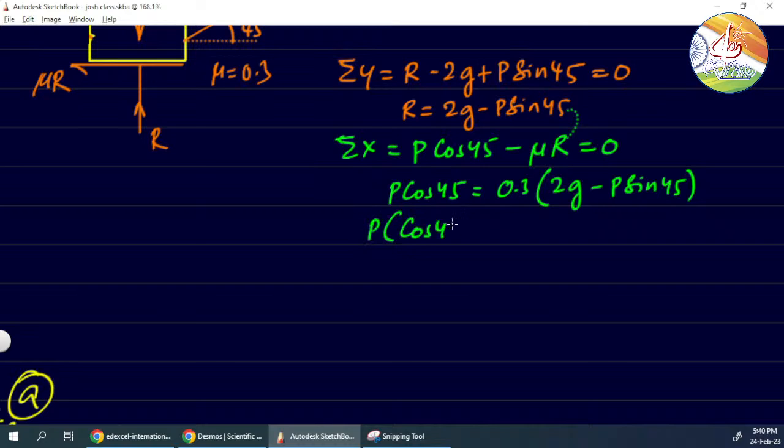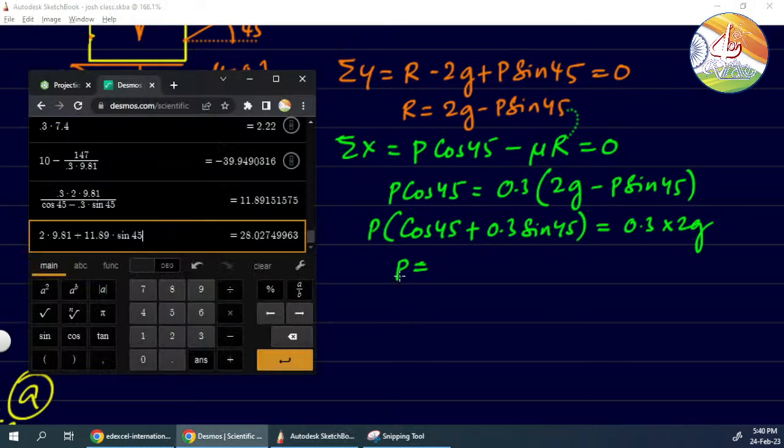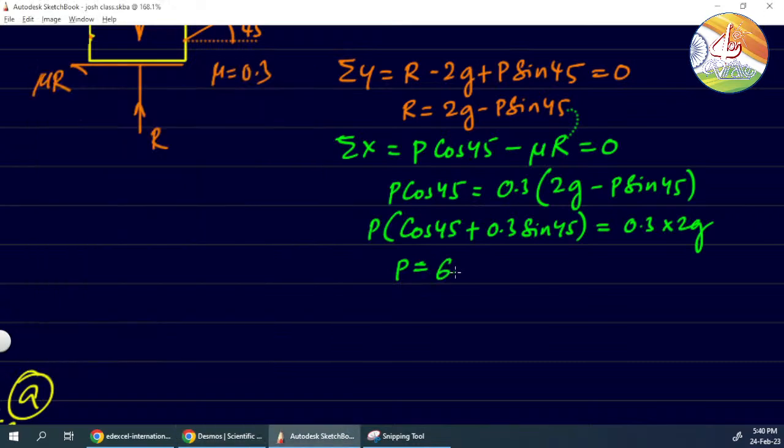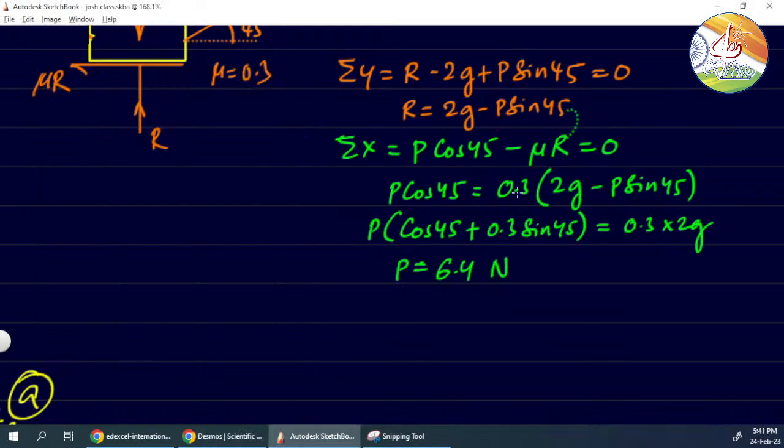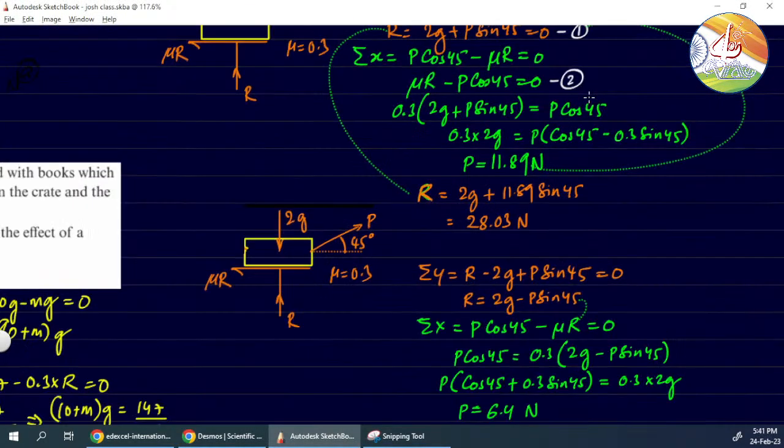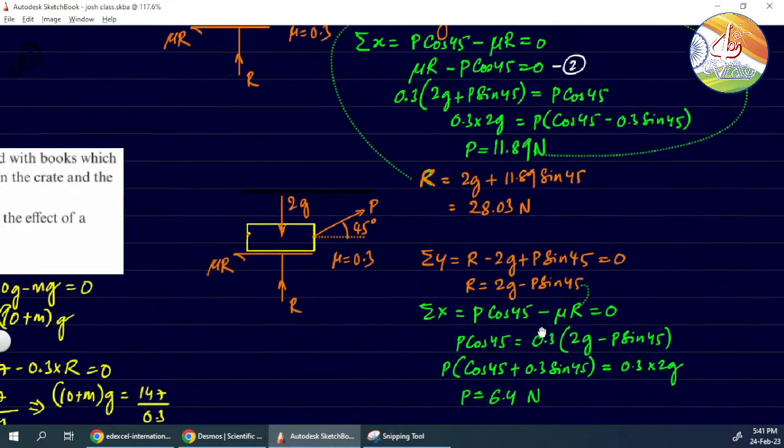We get cos 45, and this is minus, so it becomes plus 0.3 times sin 45, equals 0.3 into 2g. So P is 6.4 newtons.